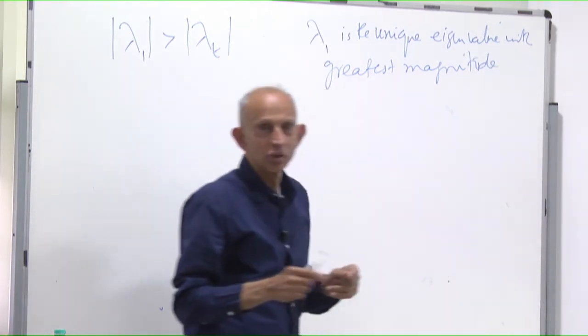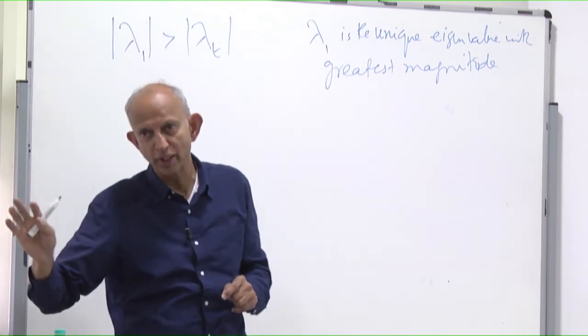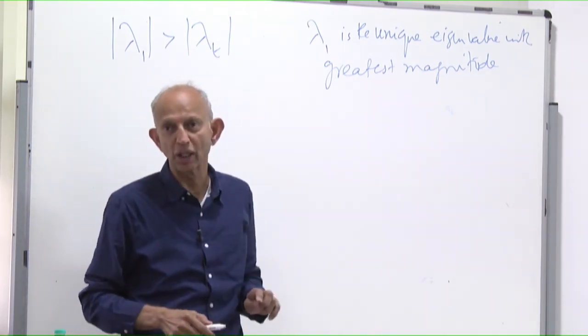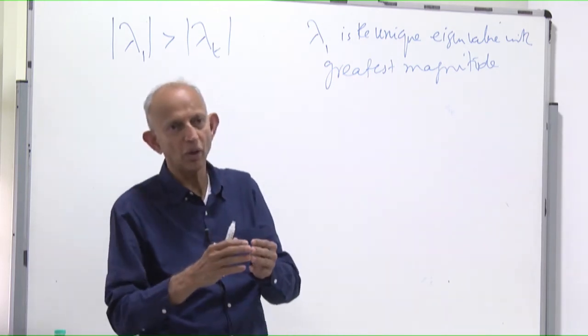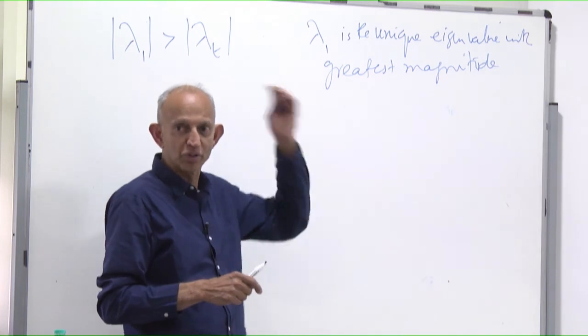So no ties, no multiple eigenvalues with the highest absolute value. Okay? You could have that for a matrix, right? We are assuming that that is not the case. For instance, if you had the identity, all the eigenvalues have the same absolute value 1, right? So I'm ruling out such matrices.